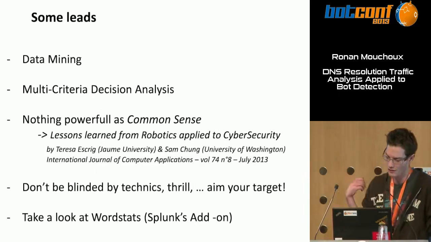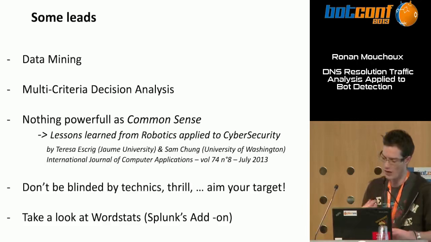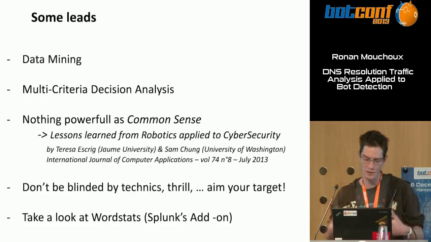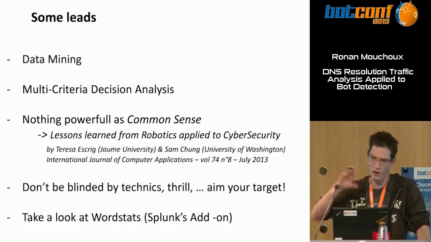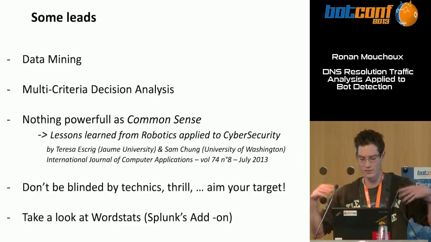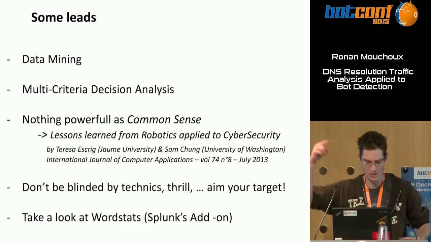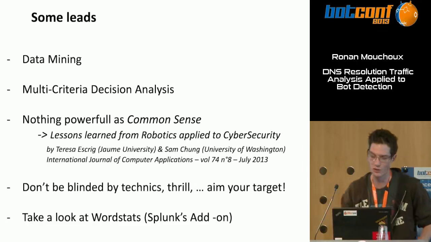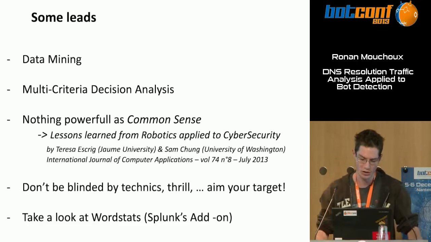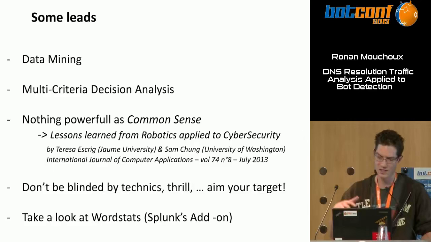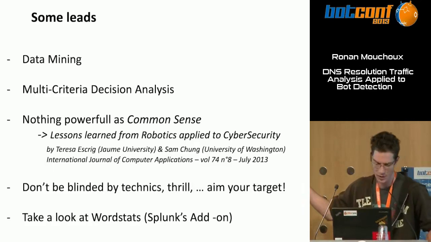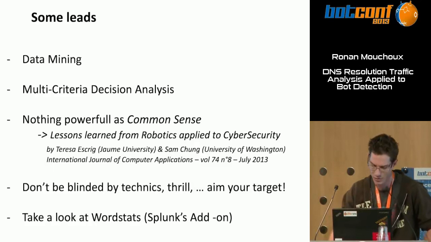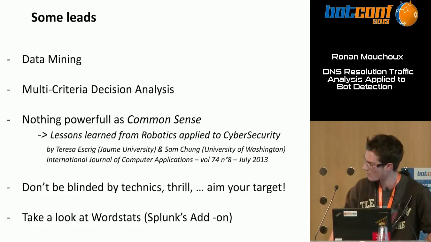If this kind of thing interests you, I recommend you look at data mining techniques, and use multi-criteria decision analysis to aggregate the different levels of scores, without being too technical or too formal. I think the common sense approach is better, and I recommend you read this paper, "Lessons learned from robotics applied to cybersecurity."